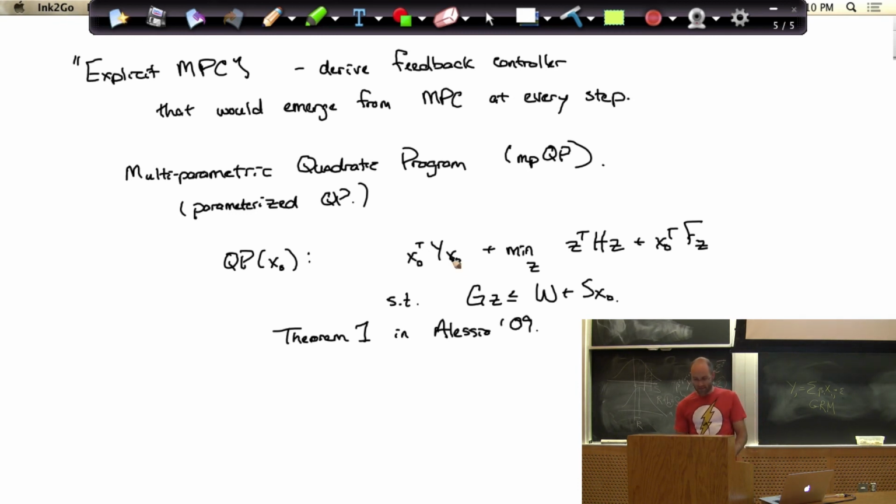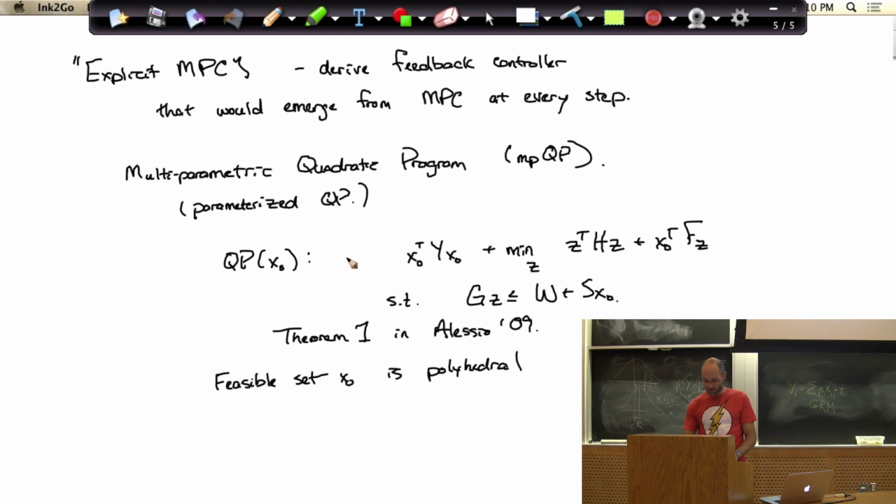And that is that if I look at the solution of this QP over x0, then first of all, the feasible set is polyhedral. I'll interpret this for you in a second.